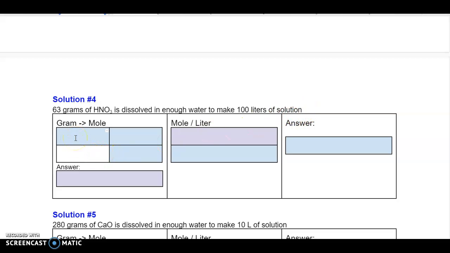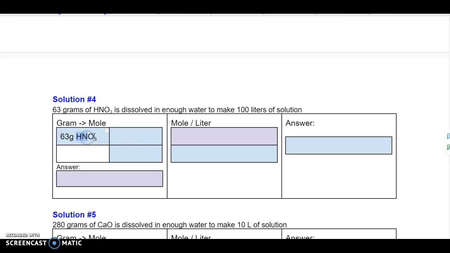So we have 63 grams as our given of HNO3. There are 3 oxygen in this compound. So that means when we're finding the molar mass, we have to account for that. So for oxygen, you're going to do 16 3 times. 1 hydrogen is 1.01. 1 nitrogen is 14.01.